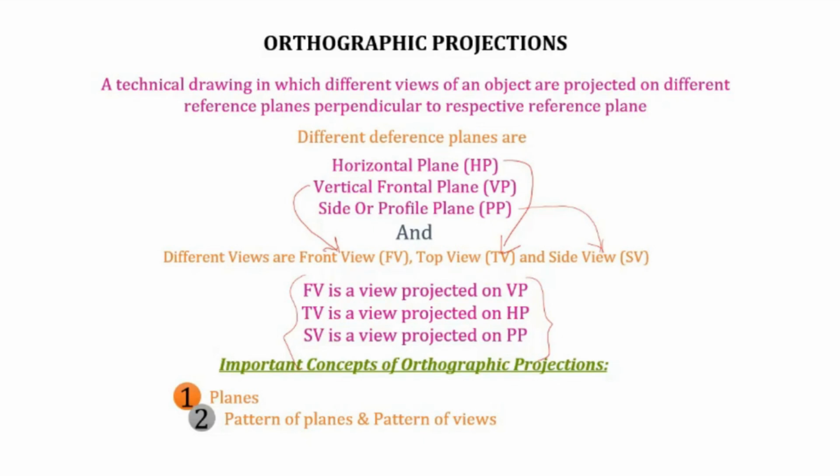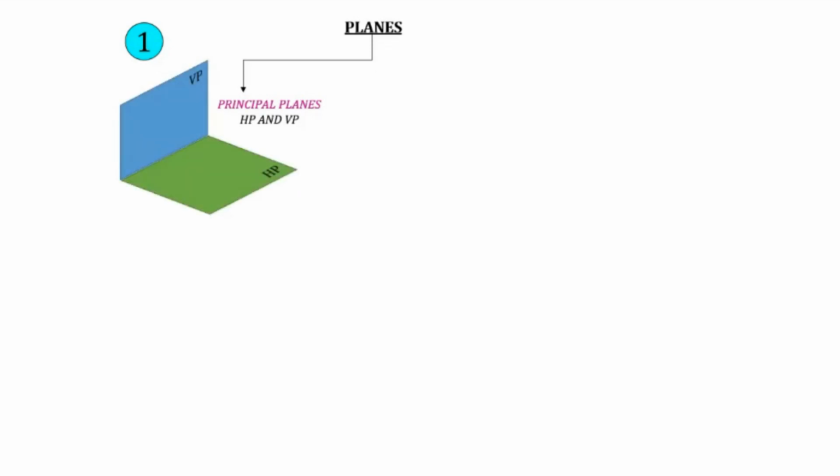So that is the pattern of planes. And then the method of drawing orthographic projections, and what are the different methods of drawing orthographic projections. The planes we have already discussed, but for completeness of the presentation, the principal planes are HP and VP, that is the horizontal plane and the vertical plane.